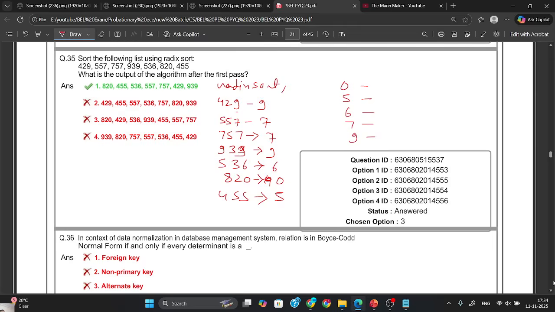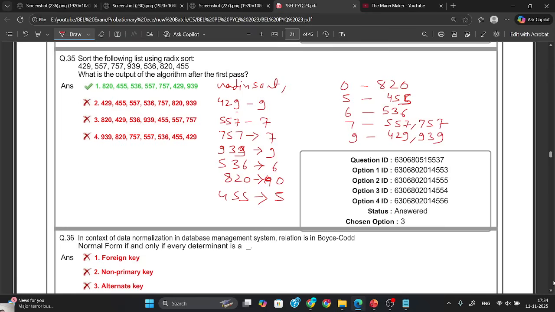So 0 comes under 820. 5 radix means 455. 6 means 536. 7 is 557 and 757, and 9 radix is 429 and 939.